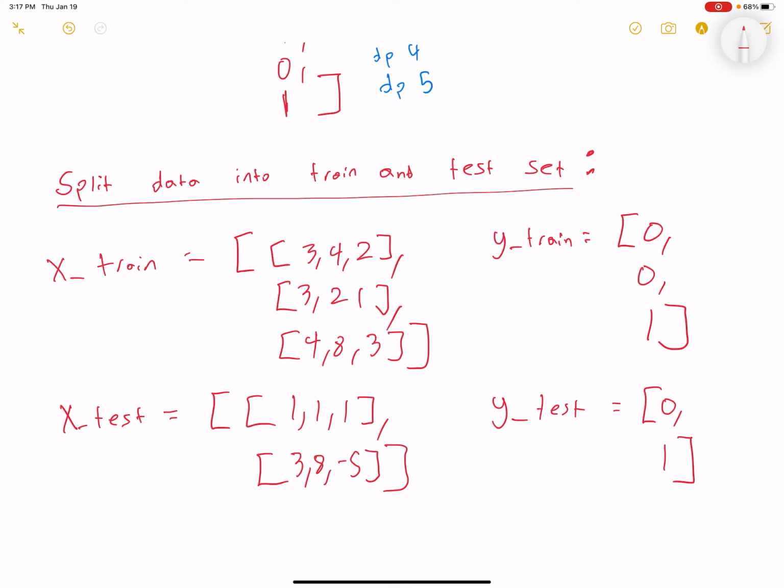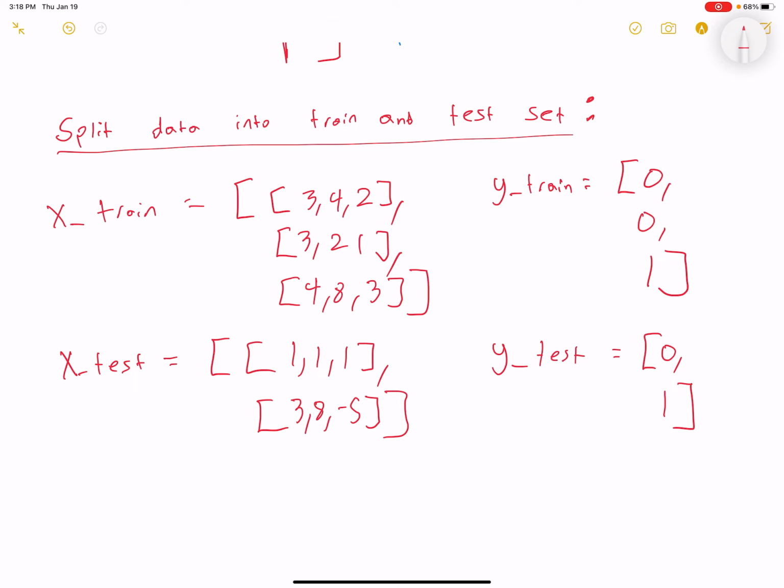So this is pretty close to what you actually end up doing in Python. Of course, in the real world, the data is not only three-dimensional, and these are technically NumPy arrays. We'll learn what those are next week. But other than that, this is pretty close to what you actually do in coding.